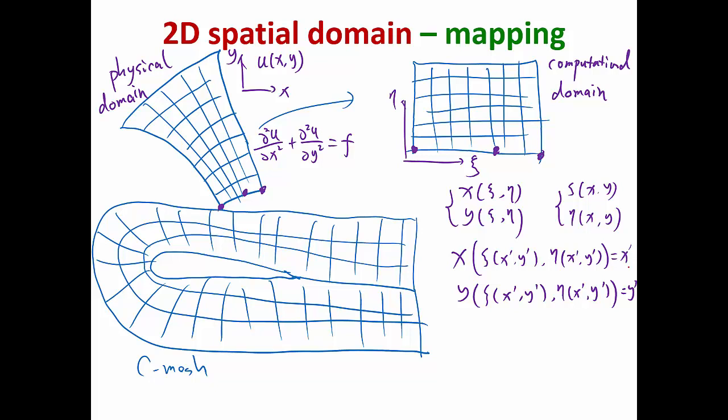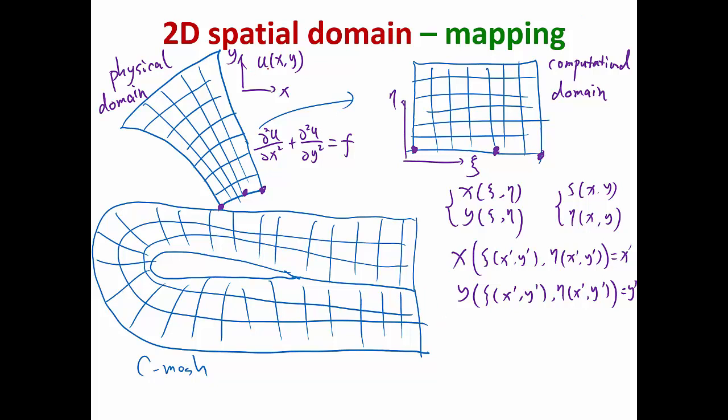And also, you are mapping exactly the boundary of the computational domain into the exact boundary of the physical domain, and exactly the inside of the computational domain into the inside of the physical domain. Now, if you have that map, it is quite rare that you can solve the same equation on the computational domain. Usually, you have to solve a different equation in order to define the function.